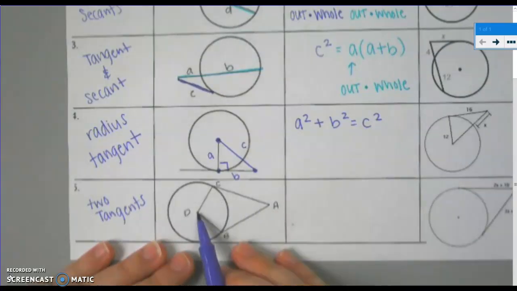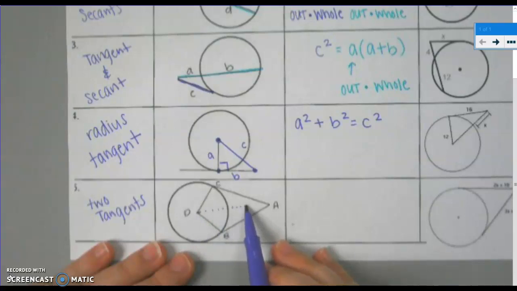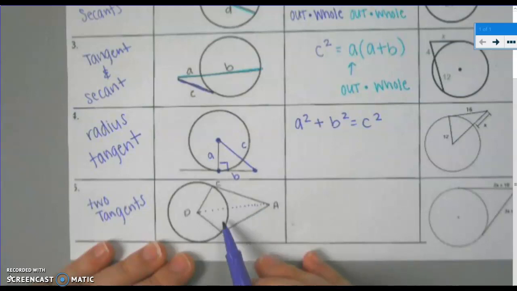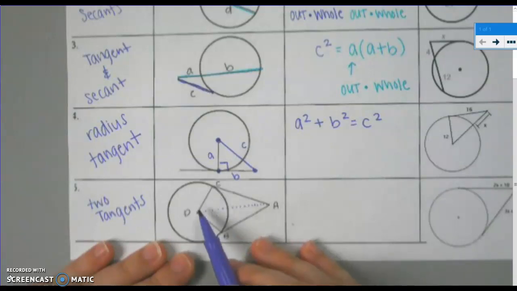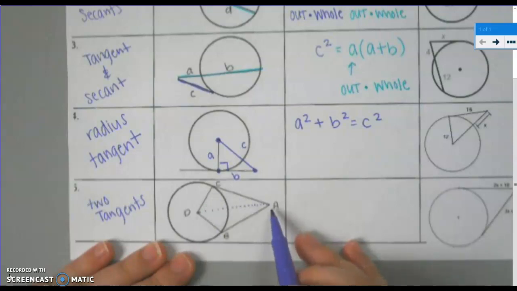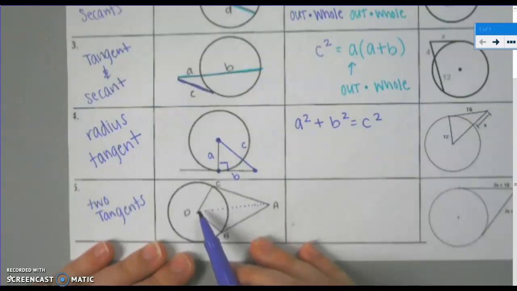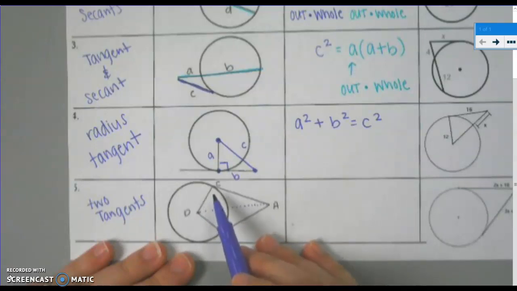Basically, the reason that this all works out is you can split this if you needed to into 2 triangles. Those 2 triangles are congruent to each other. They're the same exact size because the radius is the same. They share that side. They're both going to be right triangles in this particular case because that's a tangent.